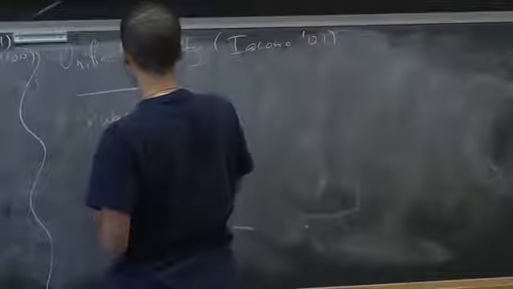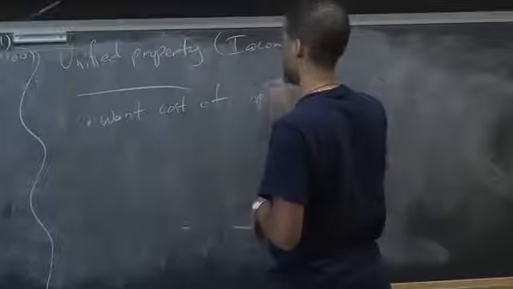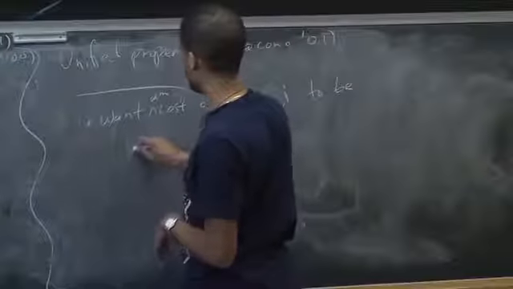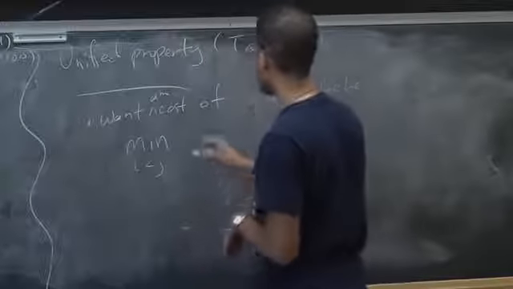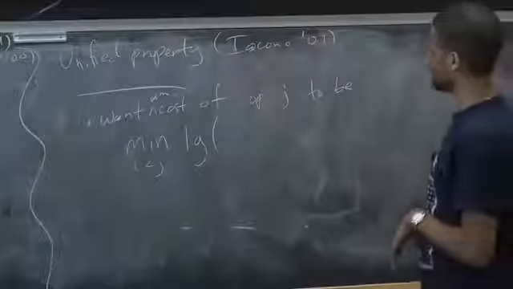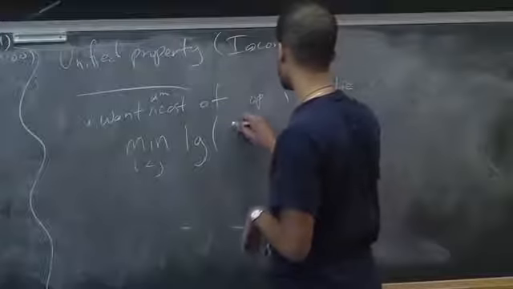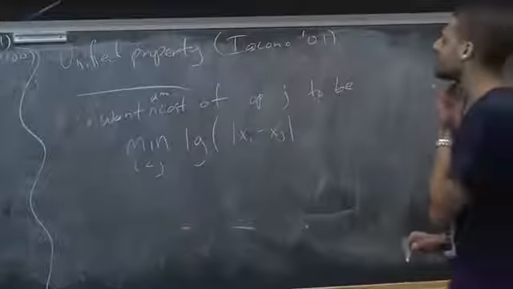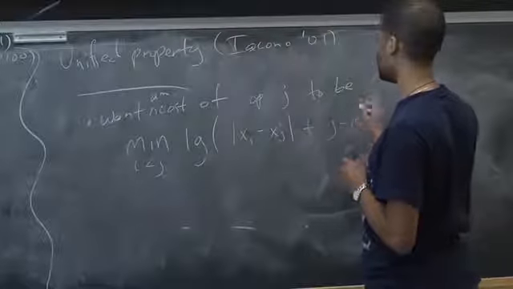We want the amortized cost of operation j to be the min over all i less than j of log of xi minus xj plus, I guess, j minus i.